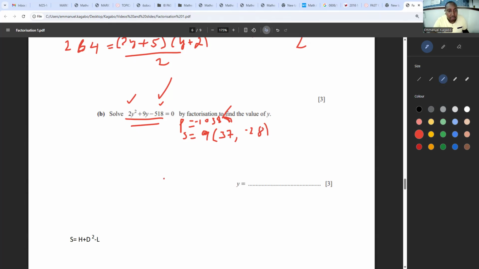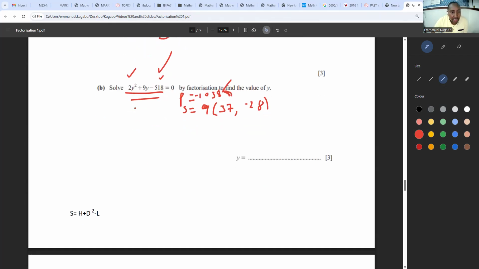So this time now, it will be 2y squared plus 37y minus 28y minus 518. This is equal to 0, right?